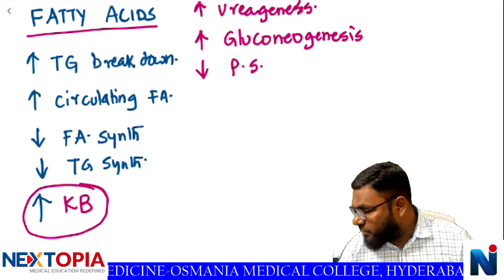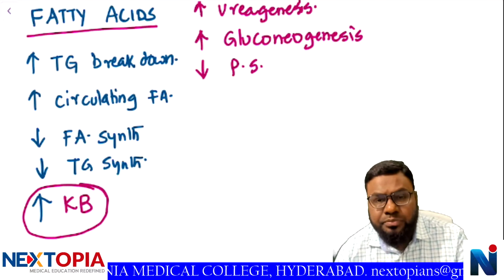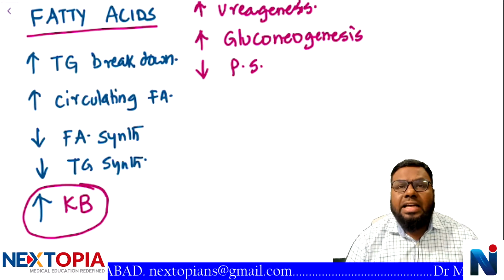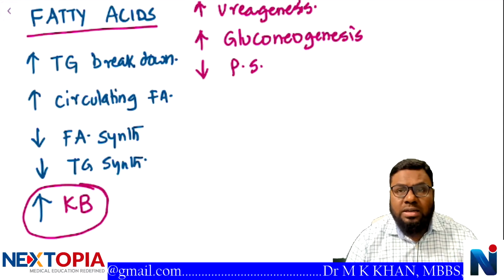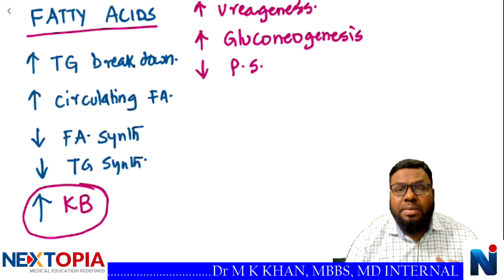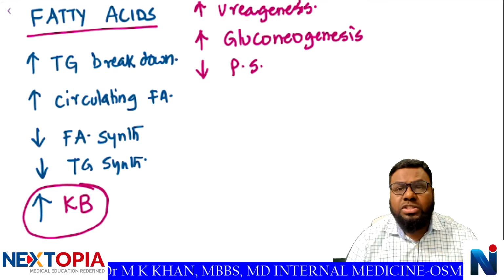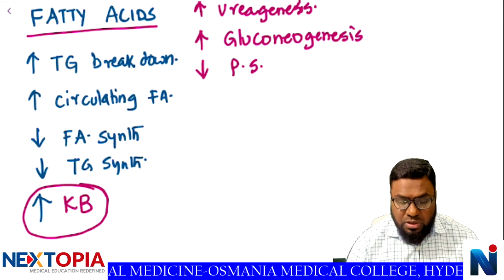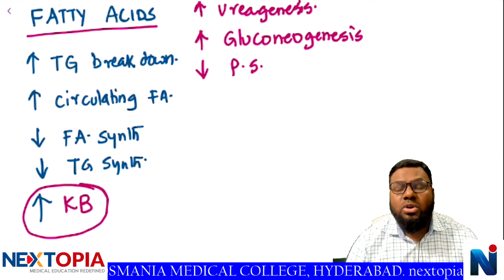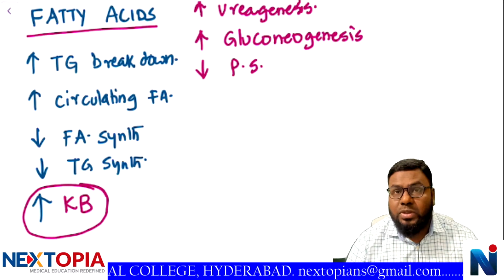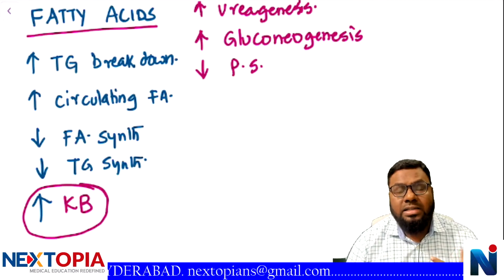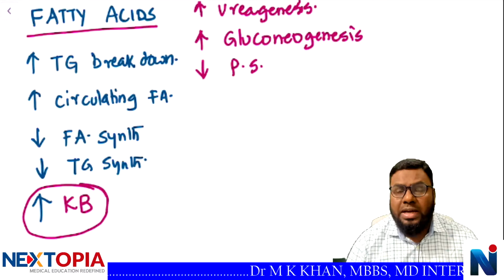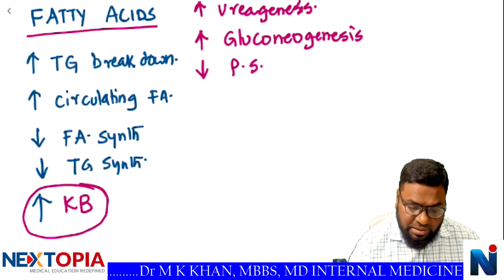So what will happen is, in case of absence of insulin, the pumping effect of potassium into the cells is decreased. Because of this, more and more potassium is accumulating in the serum. It is not entering into the cell. More and more potassium is staying back like glucose in the blood, resulting in hyperkalemia.